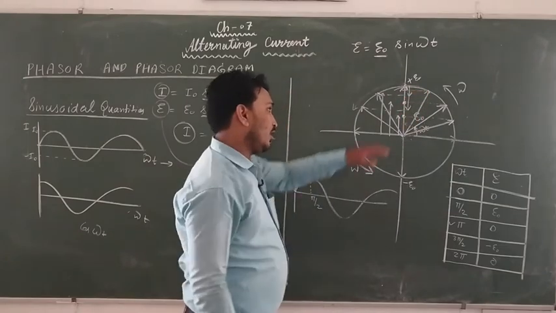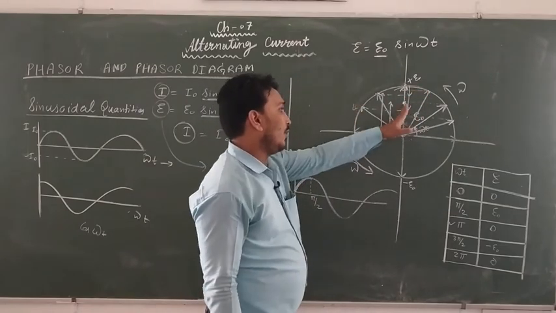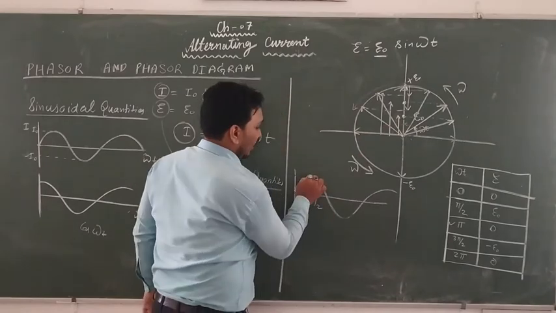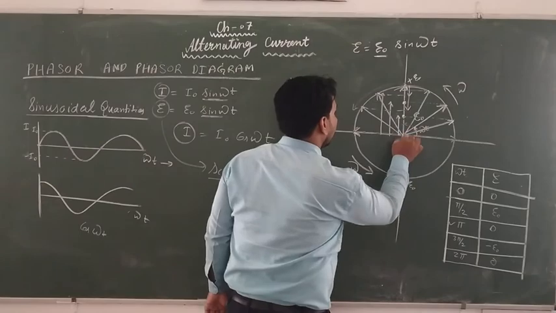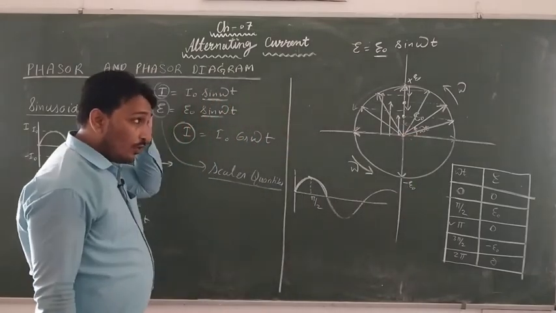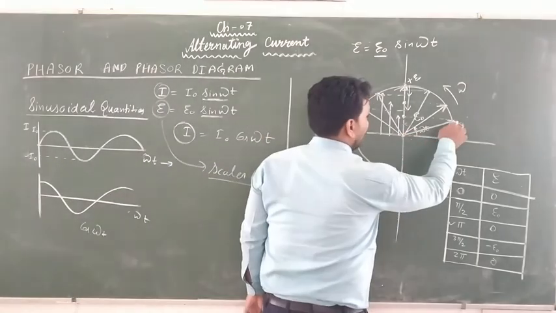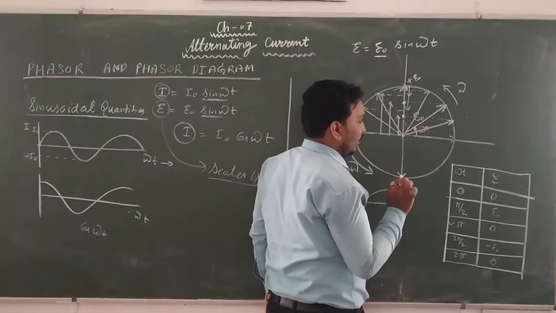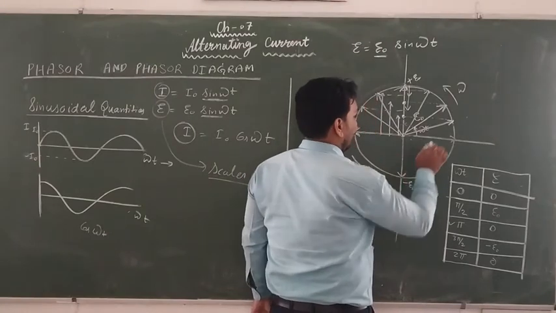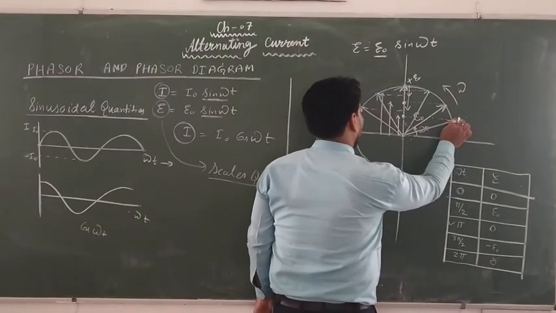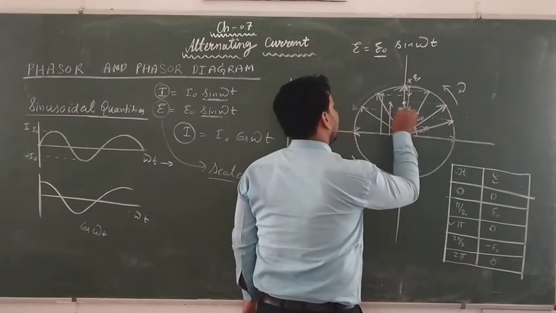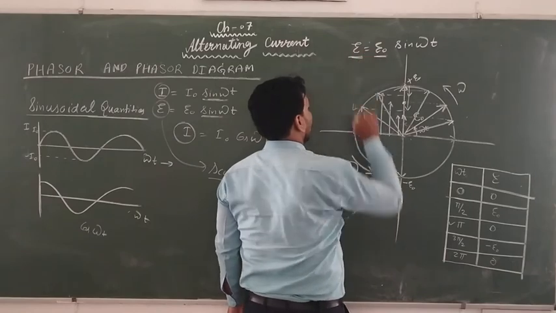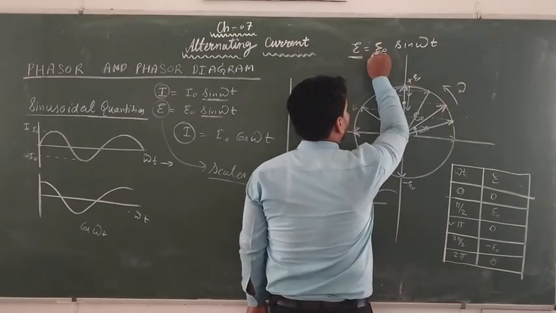So basically, when it comes from 90 degrees to 180 degrees, the EMF decreases and finally at this point the EMF becomes 0. So what we do, we take the projection of the arrowhead, or in very simple words, we draw a perpendicular from the head of the arrow on the y-axis. From the origin to the y-axis is the value of this E. The length of the arrow is considered E0.